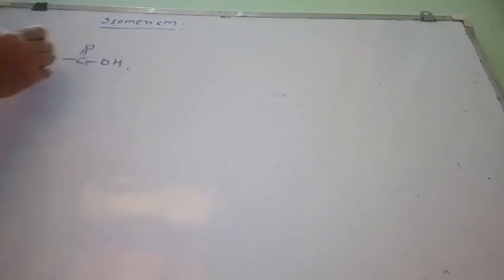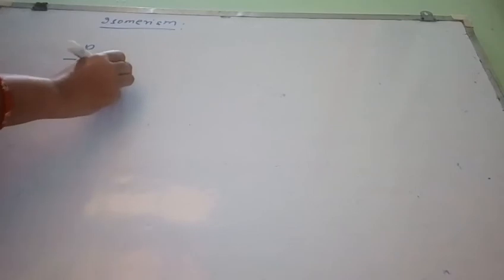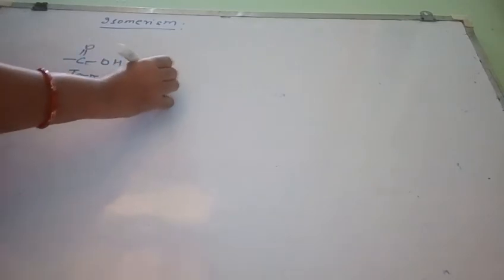So in the carbonyl compounds, this carboxylic acid group is always a terminating group. It will always be present at the end of the carbon chain, due to which position isomerism will not be present in monocarboxylic acids.